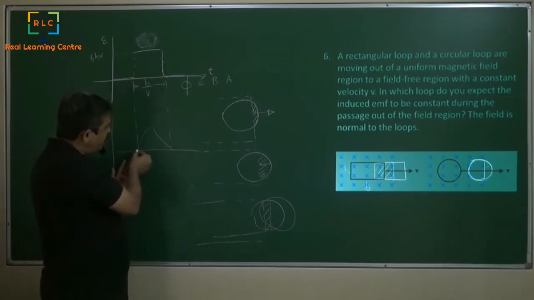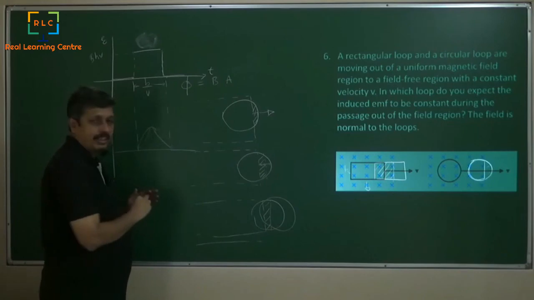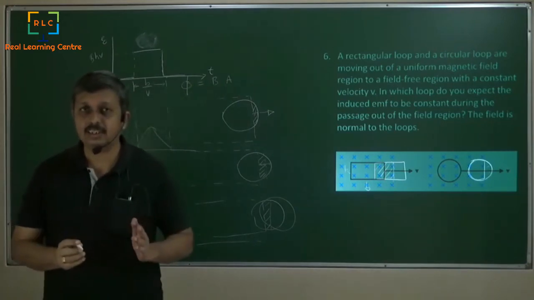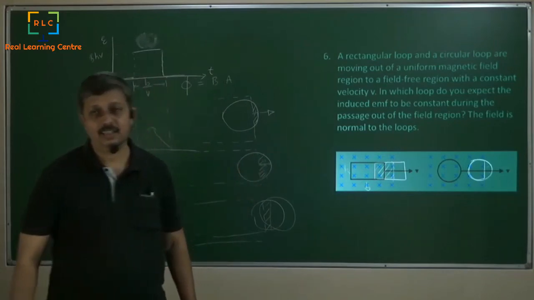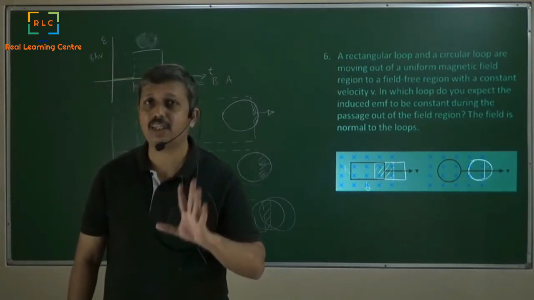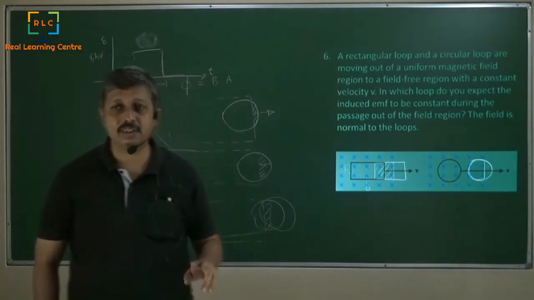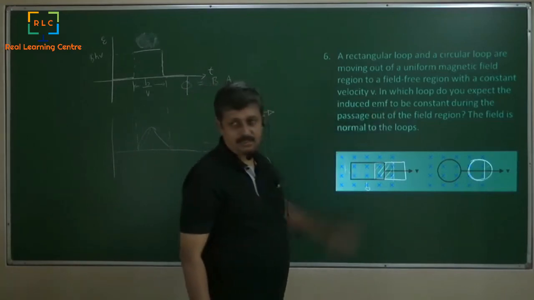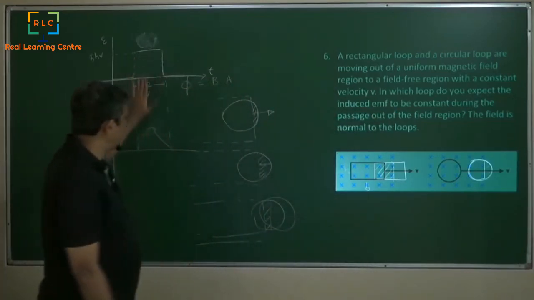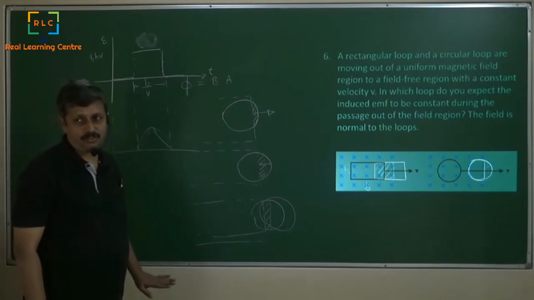Exactly how the curve looks, will it look like this or like this, are questions you can figure out by finding the area, writing the equation and seeing how the curve is. That is outside the scope of this question. In this question, they are only asking where it is constant. This is constant only here. Here it is varying. That's all we need to know in this question.